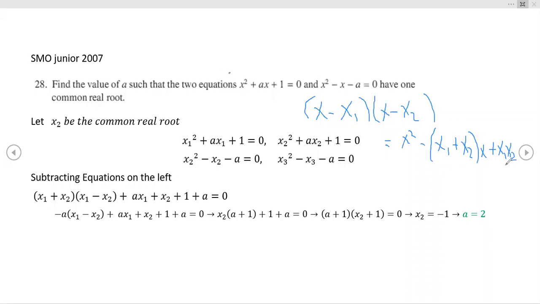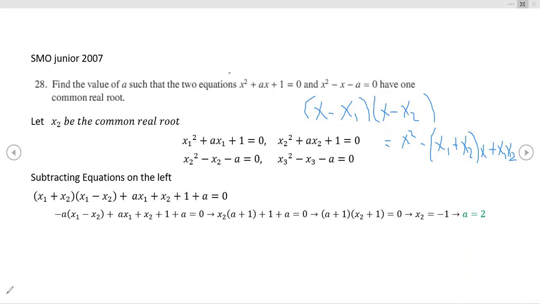But what's more important here is the fact that the coefficient of x is minus the sum of the zeros. The coefficient of x right here is minus the sum of the zeros. Now that will come into play here.